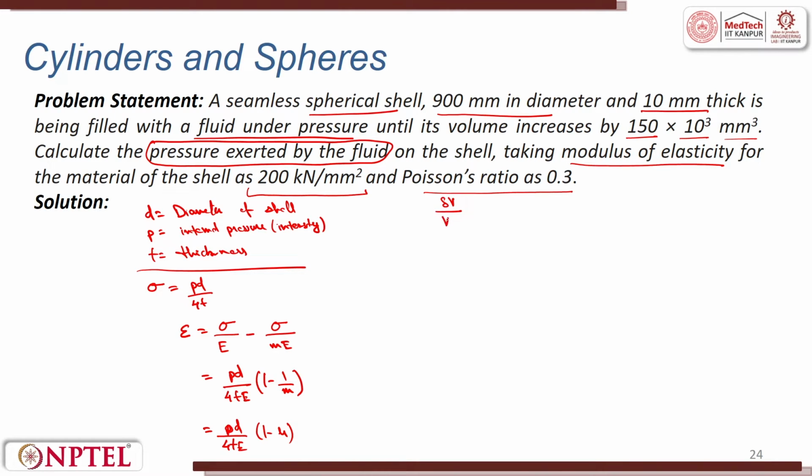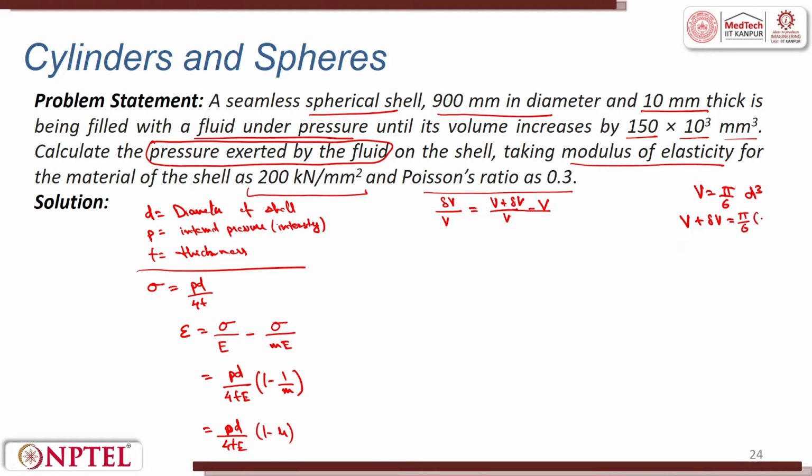So delta V by V, if I try to expand this, this could be put as V plus delta V by V minus V. Now, here V is equal to pi by 6 d cube for sphere, and the new volume V plus delta V would be proportional to the change in the diameter only.